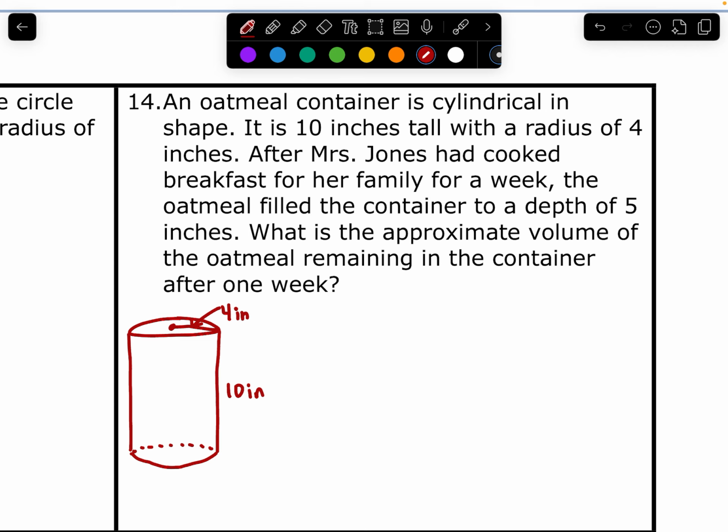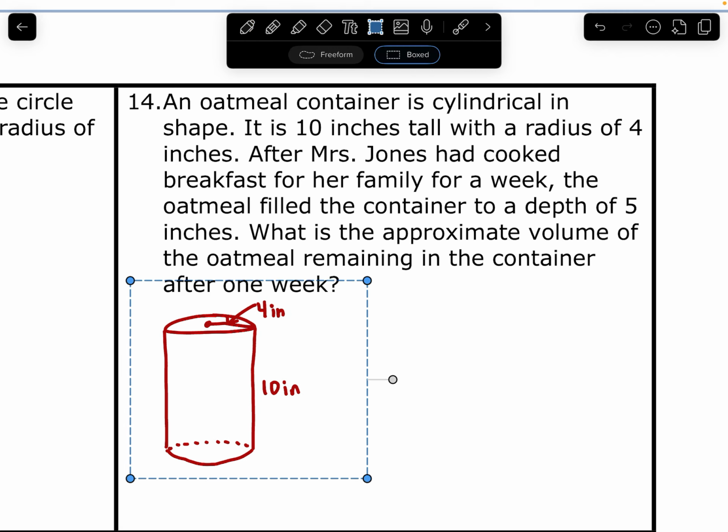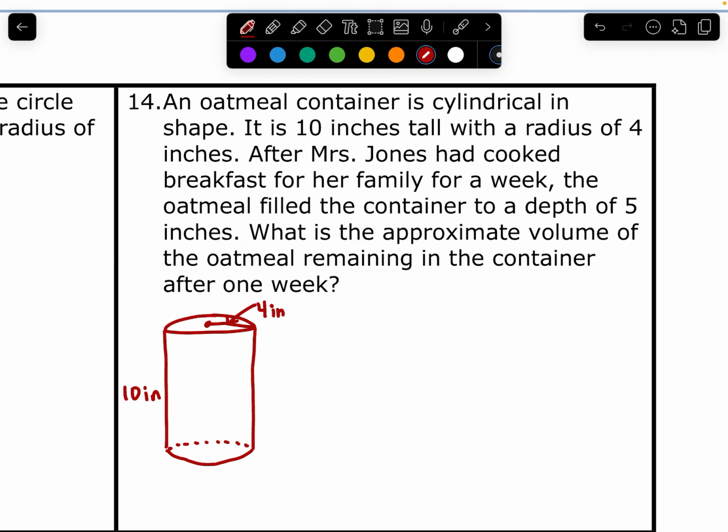After she had done that, the depth was down to 5 inches. So the whole thing is 10 inches tall. So let me move this over. And then after she had fed her family, it went down halfway to 5 inches.